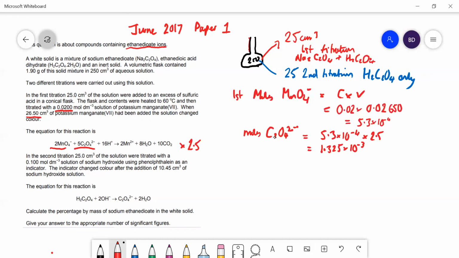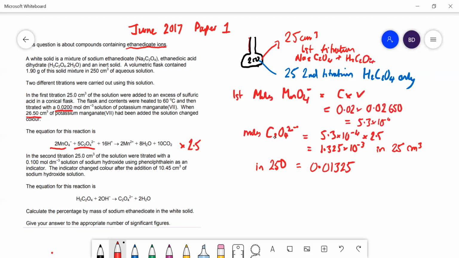Now that's the moles in 25 centimeters cubed, but it came from a 250 volumetric flask. So we times it by 10 to do it in 250. The moles is going to be 0.01325. So that's from the first titration.